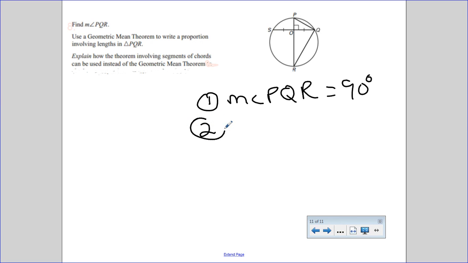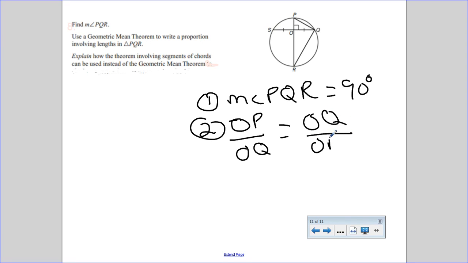All right, the second question it asks is, use a geometric mean theorem to write a proportion involving the lengths of triangle PQR. Oh, you have to remember something from the last unit. Okay, so the geometric mean theorem says if you had the altitude, you can say that the measure of the legs, so OP, over that altitude, is in proportion to OQ again over OR.